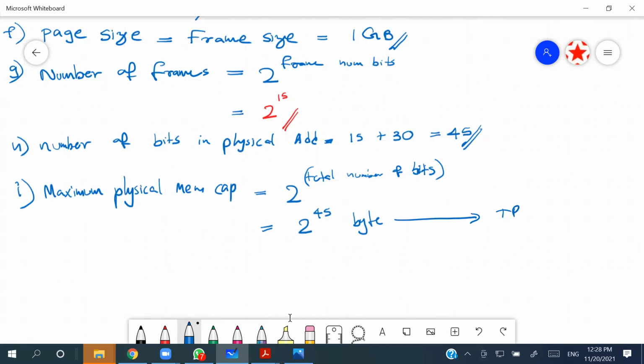Again, the same road: byte into kilobyte, kilobyte into megabyte, megabyte into gigabyte, gigabyte into terabytes.